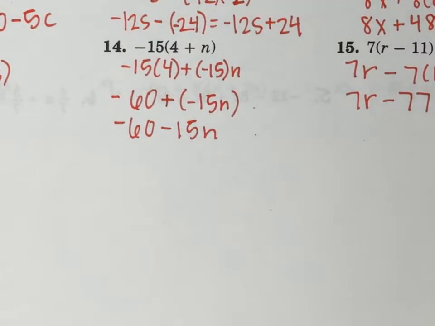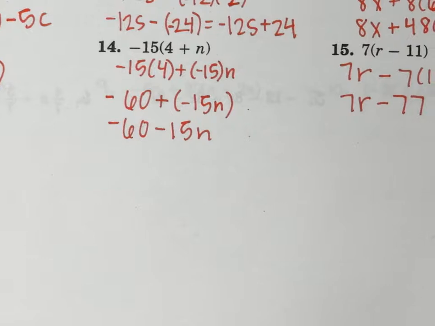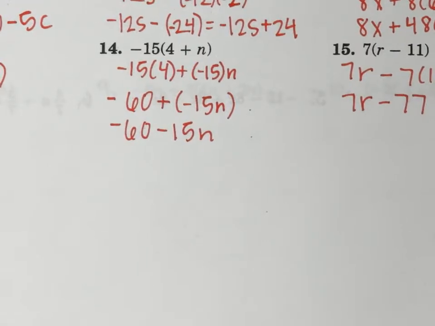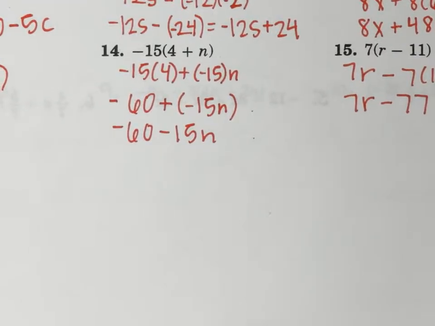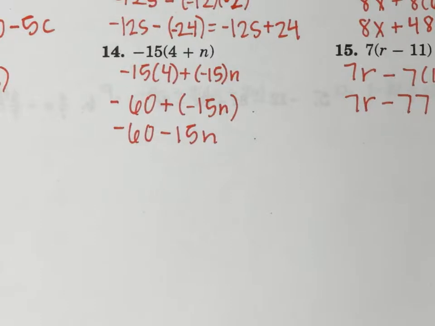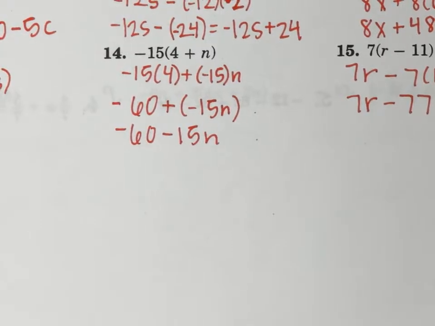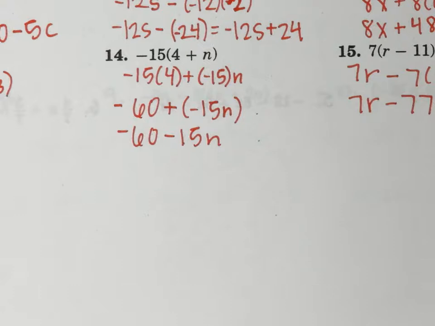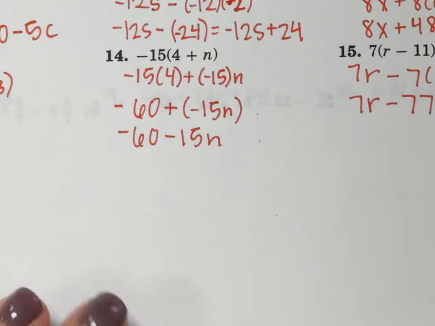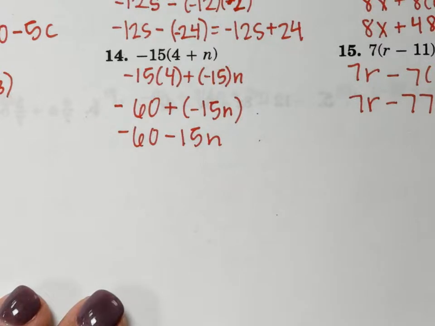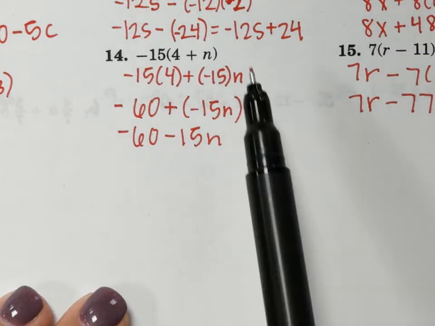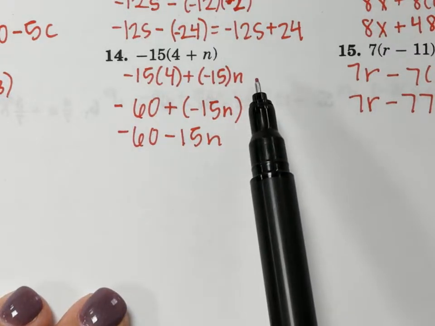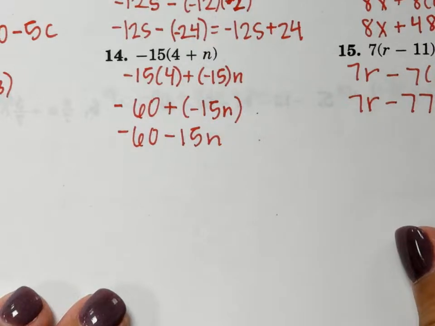Negative 60 minus 15n. And number 15. Wait, if we do it the other way around, 14. What other way around, Max? Wait, negative 15n and minus 60. Yes. Yeah, you can do that.